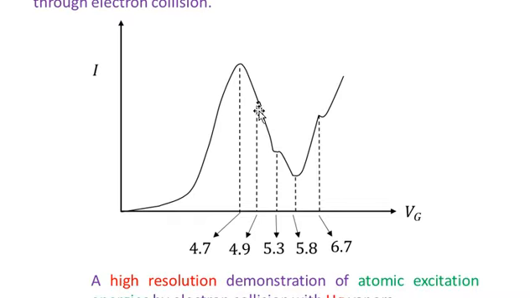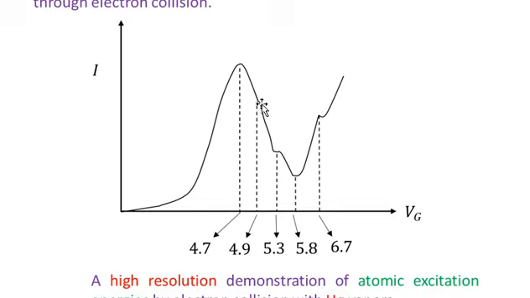The next dip, which is a small dip, occurs at a Vg of 4.9 volt, and this dip corresponds to another level, maybe a resonant or a non-resonant level, or an optically forbidden level in the mercury atom.